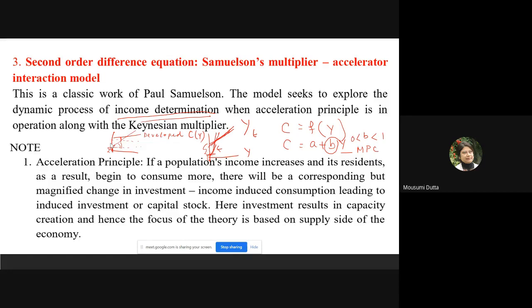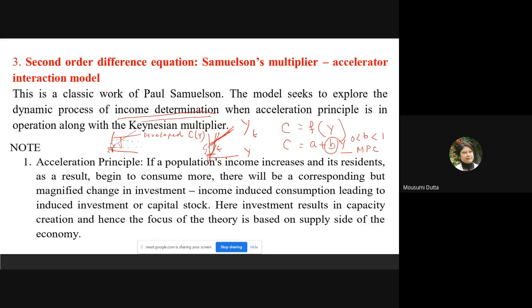We are trying to improve the capital stock, the capacity of our production. And this is naturally based on the supply side of the economy.